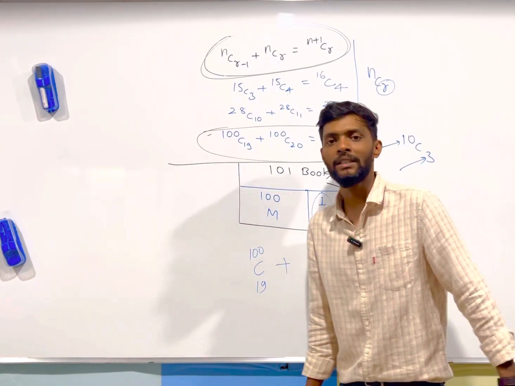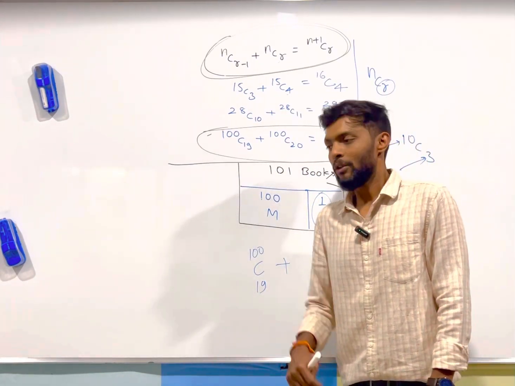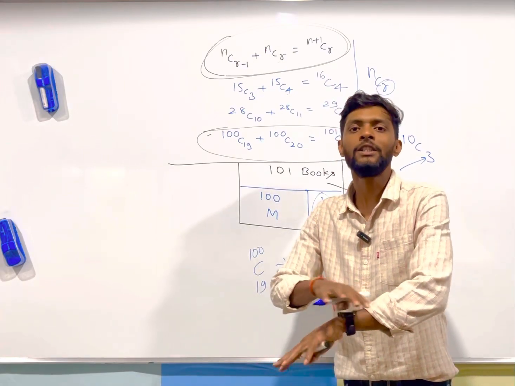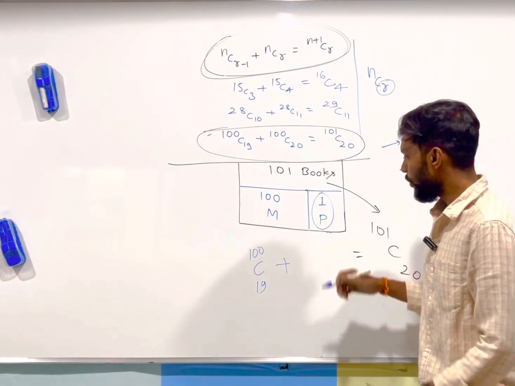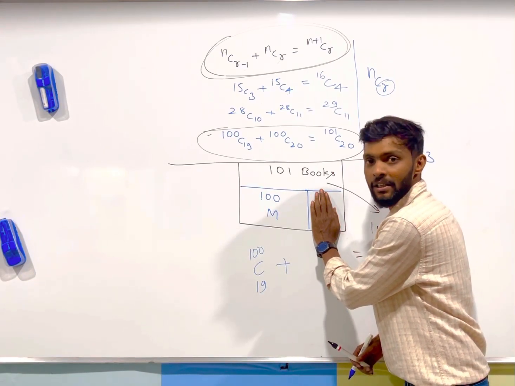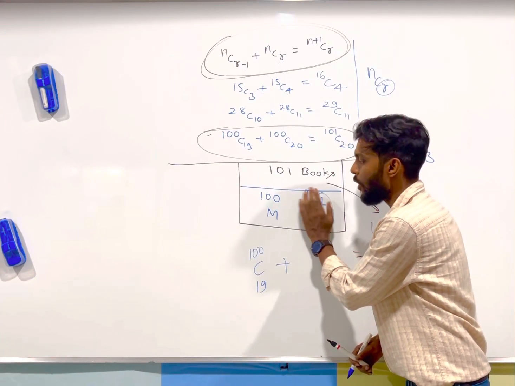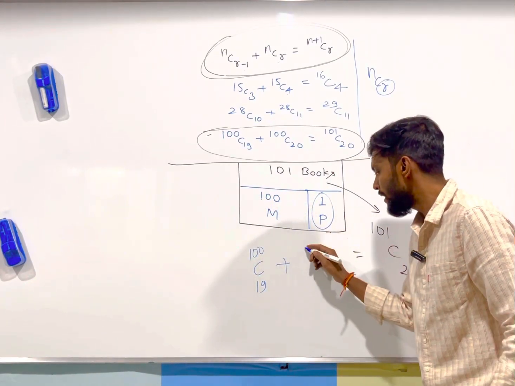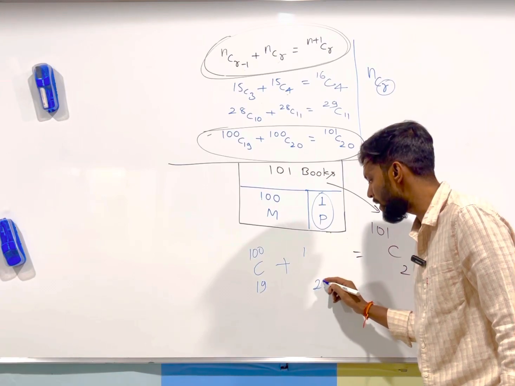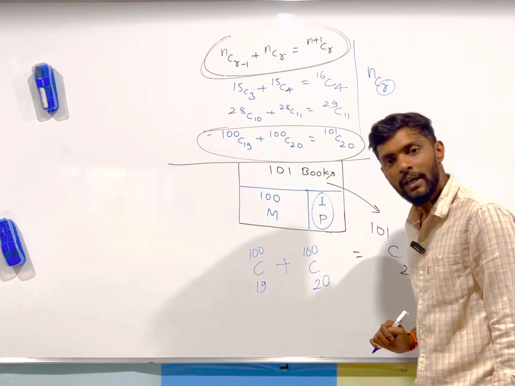These cases include the physics book. Now we will count the cases in which the physics book is not selected. If it is not selected, we take it out of consideration. The person still has to select 20 books, but the options are 100. So the number of ways of selecting 20 books out of 100 books will be 100C20.